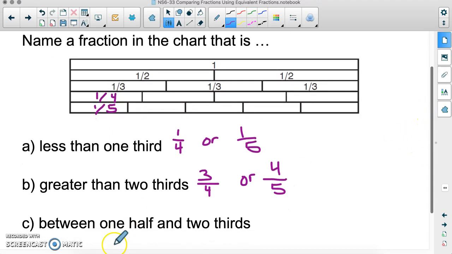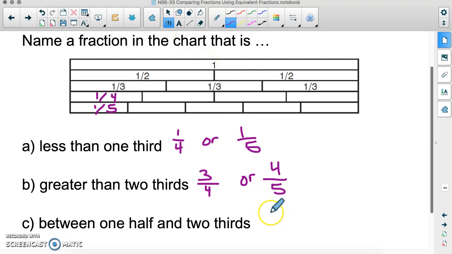And then what is a fraction between 1/2 and 2/3? What falls in between 1/2 and 2/3? Well, the answer to that would be 3/5. Sorry, ignore me.